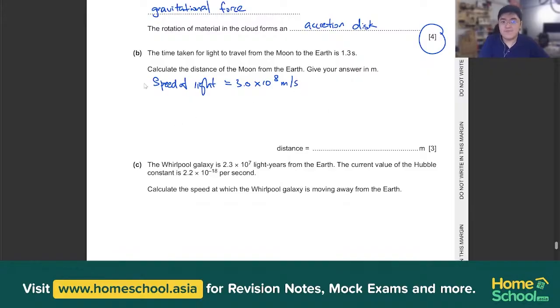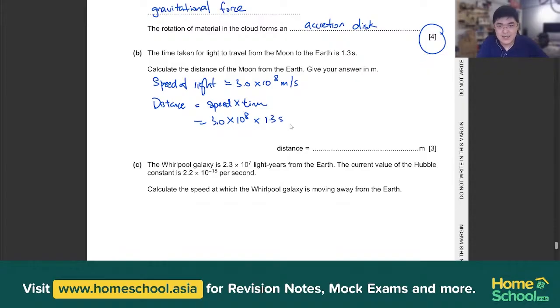Right. So the light takes 1.3 seconds to travel between the moon and Earth. So distance is equal to speed times time, equal to 3.0 times 10 to the power of 8, which is the speed of light, multiplied by 1.3 seconds.